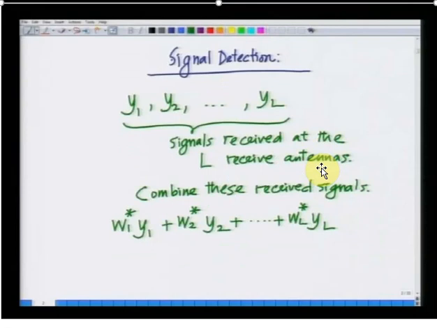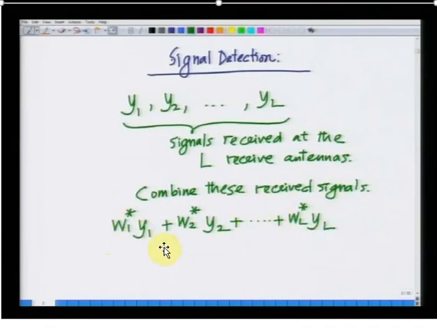The question here arises: how to combine these received signals? One method of combining is to scale each of the received signals by some weights W1 to WL.